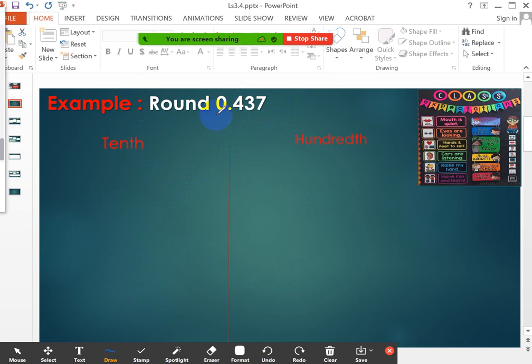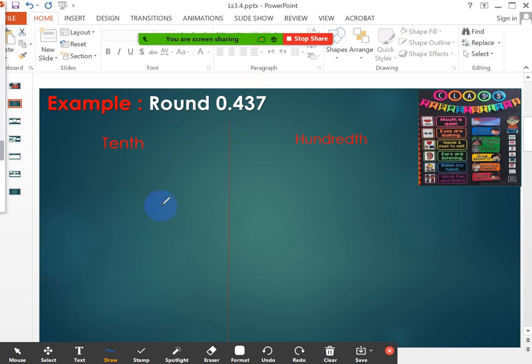Girls, look. You know that after the point I have 3 digits, and the digits start with tenths, hundredths, and thousandths, etc. Okay? So when I said I want to round the number to the nearest tenth, as we learned.